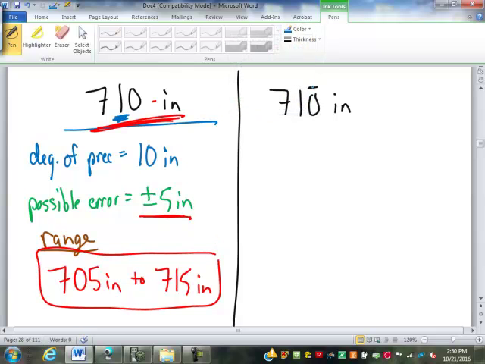Now over here, by putting that bar above the 0, that's implying now that this has a degree of precision to the nearest, what place value is that 0 in? That is the 1's place, right?